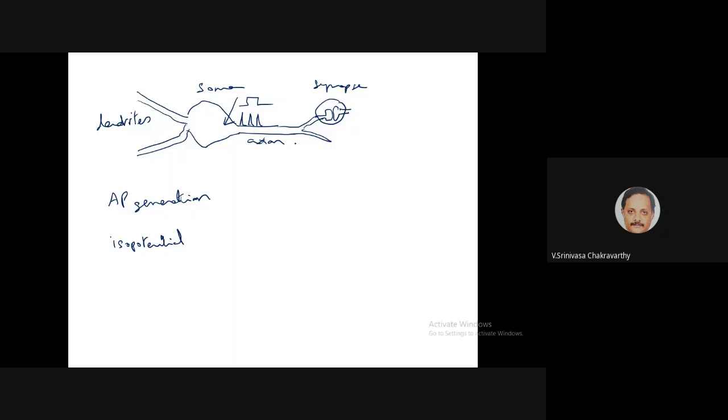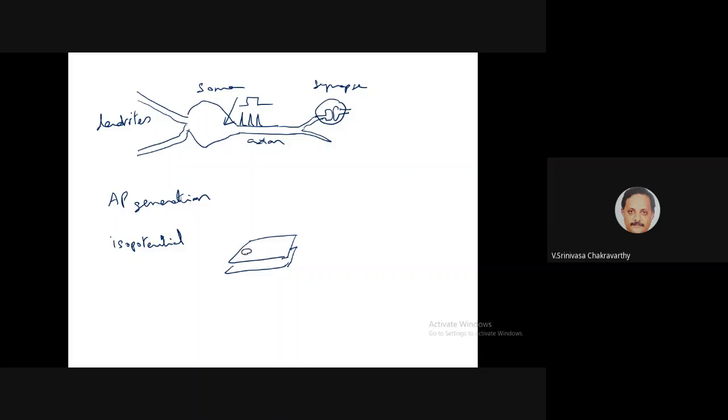Instead of modeling this whole complicated neuron with very complex geometry, we'll imagine that there is just a sheet of membrane, and the potential is uniform across the sheet.